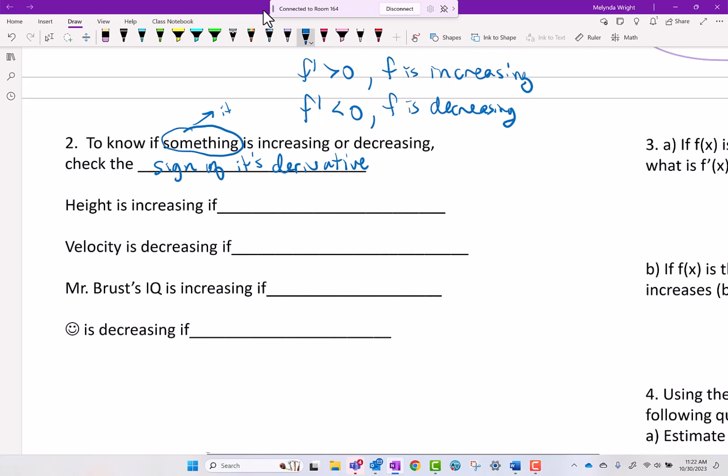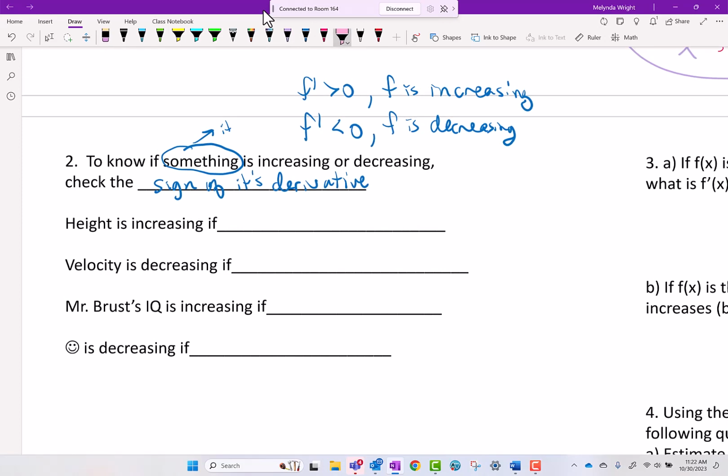It tells us how the position is behaving. It's a clue for us. If the first derivative is positive, then we know its position, or f, is increasing. In other words, the graph is going up. If the first derivative is negative, then f is decreasing, or the graph is going down. That's really important information for us. That makes finding derivatives quite useful. It helps us determine information on the position.